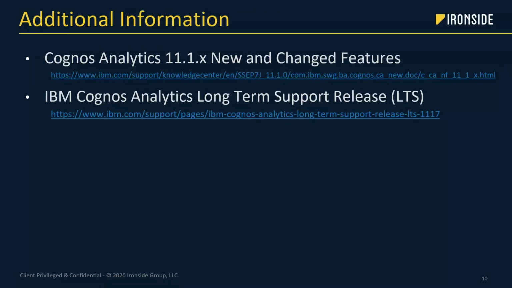Yeah, so Bob, if you want to go through this last slide here. So really quick, there's an excellent resource online for Cognos Analytics 11 and 11.1, and ultimately whatever the next release is going to be, that goes through each release and gives you all of the new and changed features. It breaks it out by whether it's dashboarding, stories, reporting, or install and configuration.